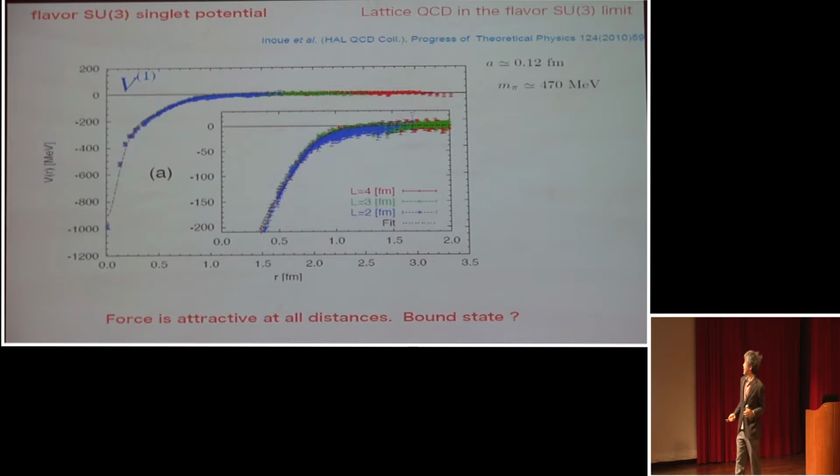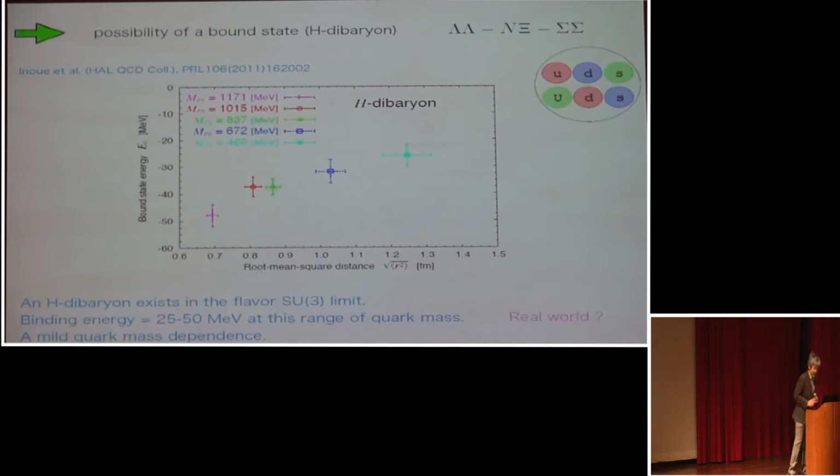It's almost independent of volume, in particular between 3 and 4 femtometers. We use the 4 femtometer potential, fit it, and solve the Schrödinger equation. We found one bound state, which is a mixture of lambda lambda, N Xi, and sigma sigma.